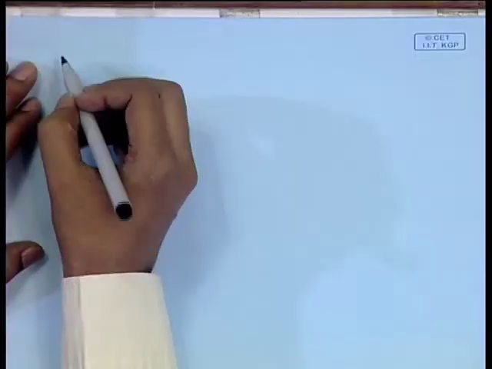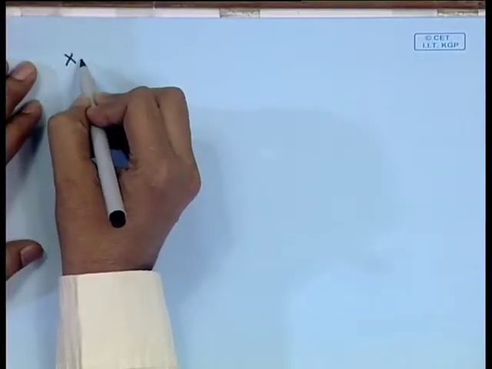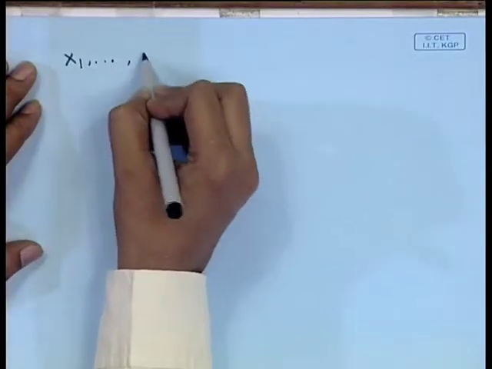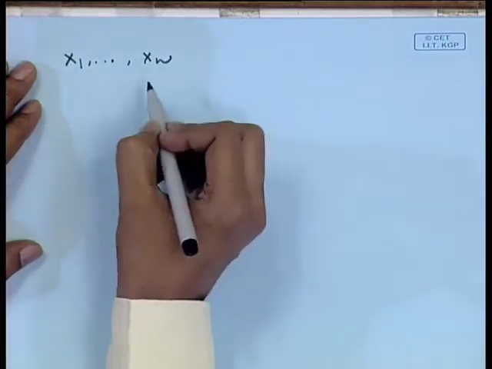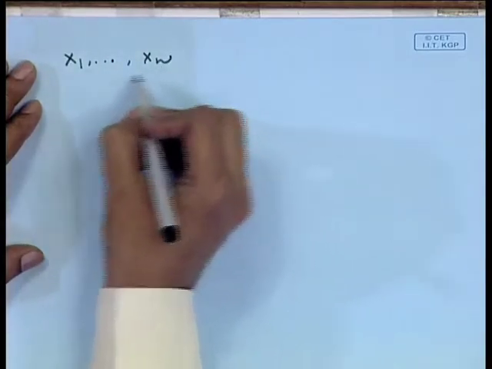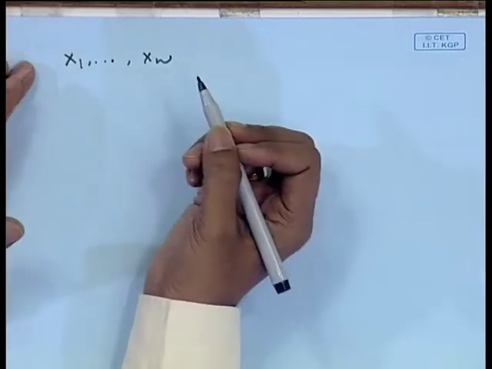Naturally, we can check for certain other distributions also, such as, say, let X1, X2, ..., Xn follow an exponential distribution with some parameter, say, lambda.